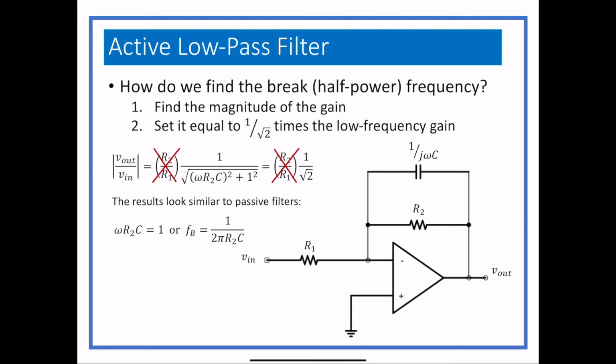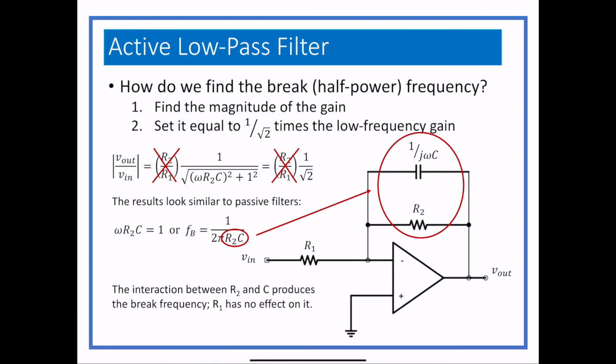The thing that gets confusing when we're dealing with active filters is which R do you use to find the break frequency? The R that you use is the one that is actually physically connected to the capacitor. So you don't use R1. Actually, R1 has no effect at all on the break frequency.